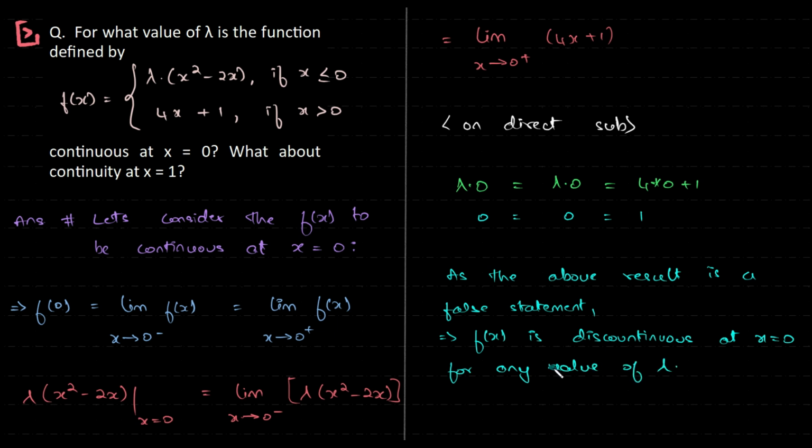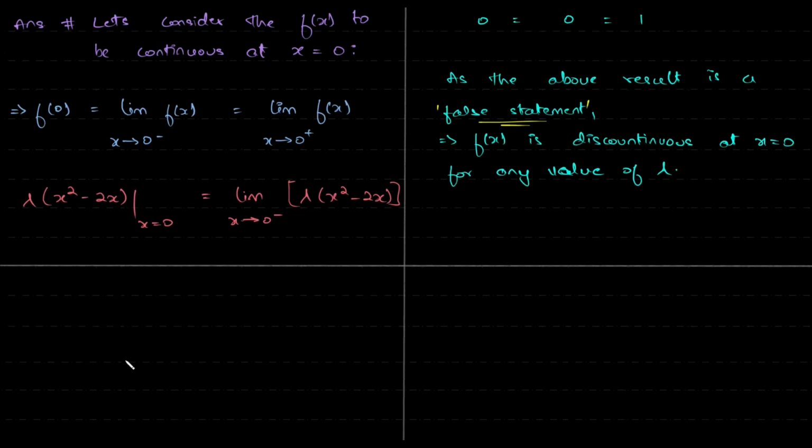So we can't put any value in lambda to make it continuous. The language is supposed to be like that, but it's left to you how you want to frame it, but we can't miss the words false statement. I hope you remember false statement from linear equations.